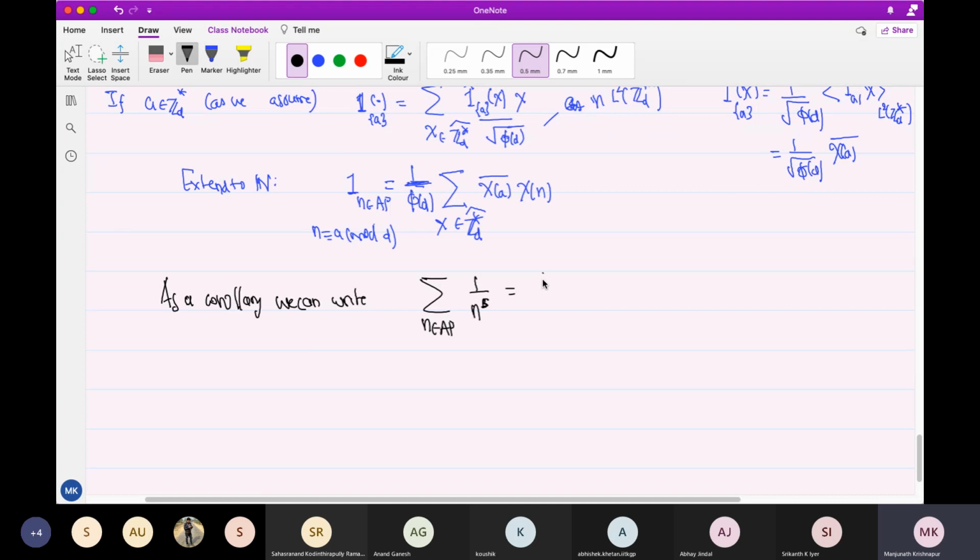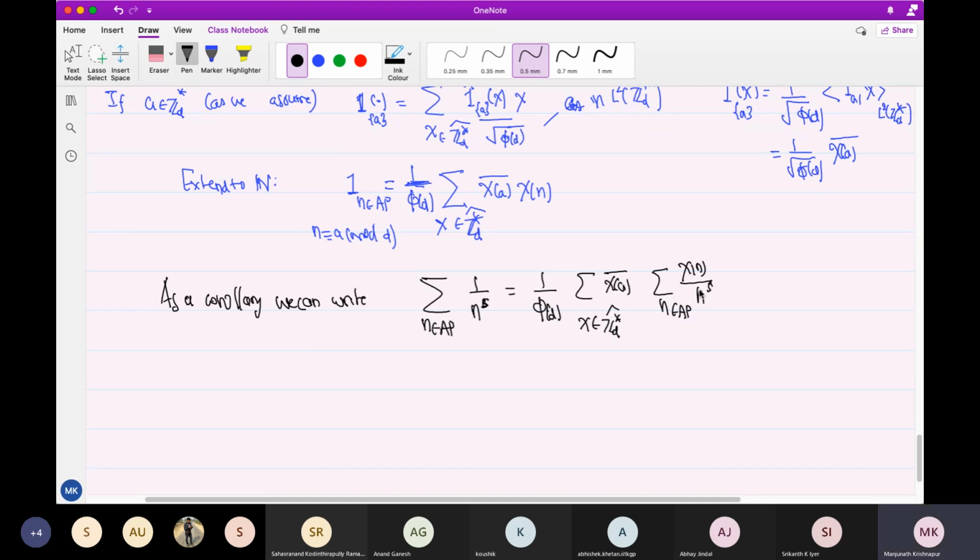So you'll get 1 over phi of D, sum over chi in ZD star hat of chi of A bar times the sum over n of chi of n by n to the s.